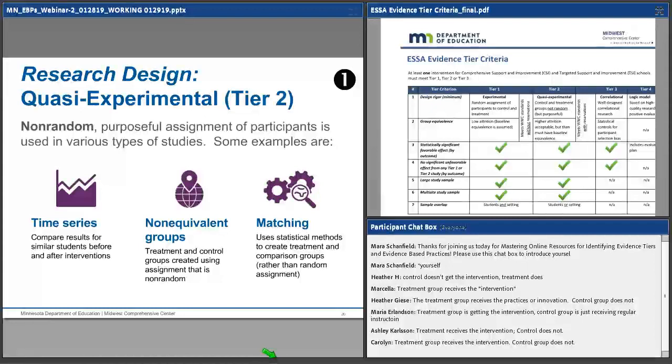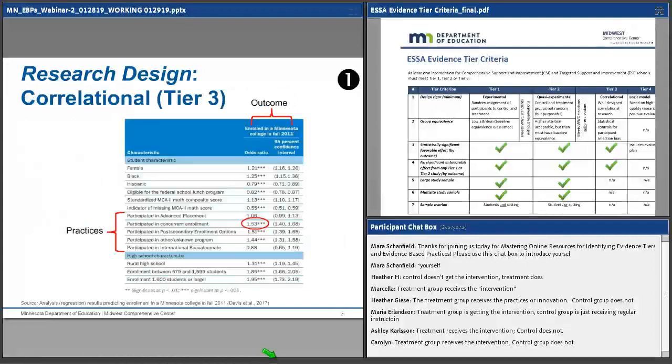If it's not a random controlled trial and it's one of these other types, it's very likely that it's meeting the tier 2 criteria for this criterion 1 around research design. And as we went into in some depth last time, in order to meet the tier 3 criteria for research design, the research simply has to be correlational.